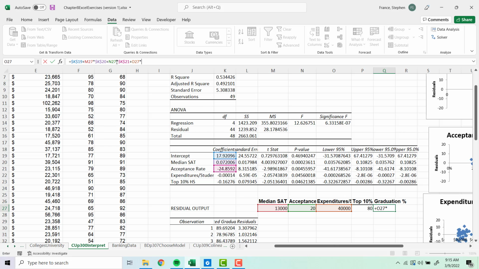Expenditures times the next beta, plus the top 10% times the coefficient.